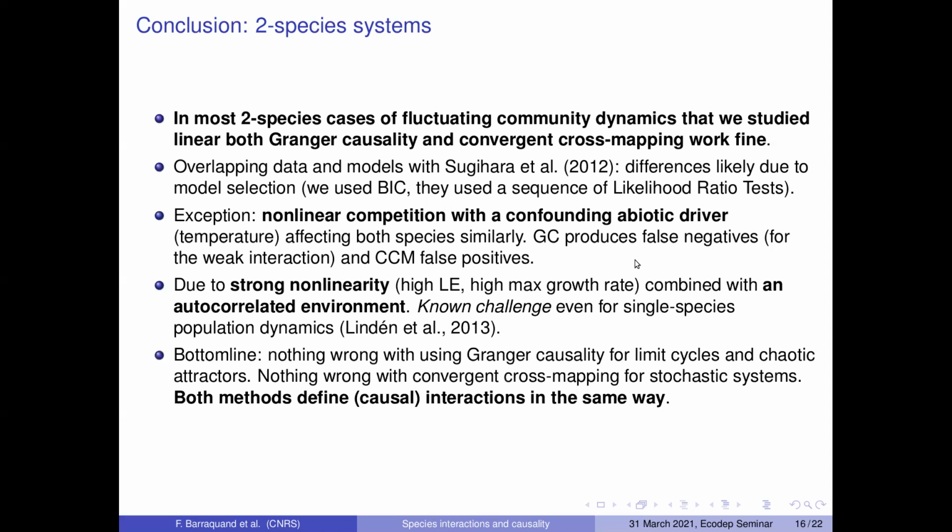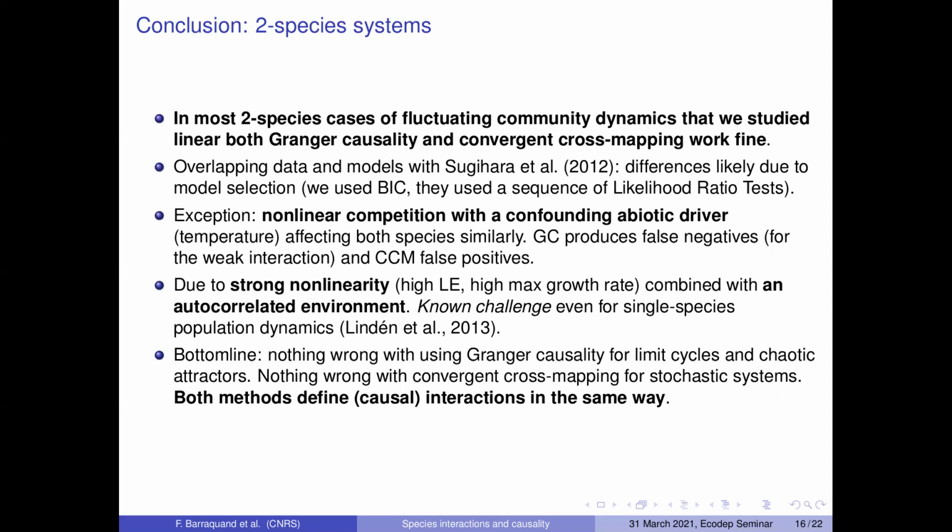But the bottom line is that there's nothing wrong with using Granger causality for limit cycles and chaotic attractors, by contrast to what one may have thought reading this Sugihara paper. And there's nothing wrong as well with using convergent cross-mapping for relatively stochastic dynamical systems, even though it wasn't really developed to do that.